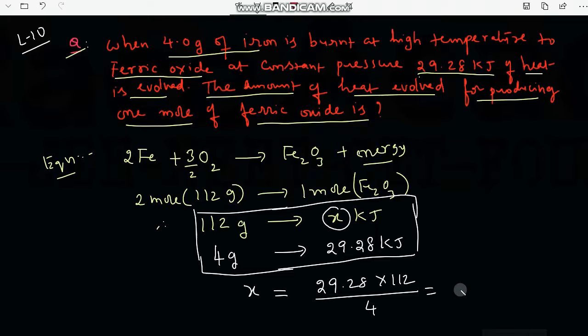Upon simplification, I got the answer 819.84 kilojoules. So this is the right answer for the problem.